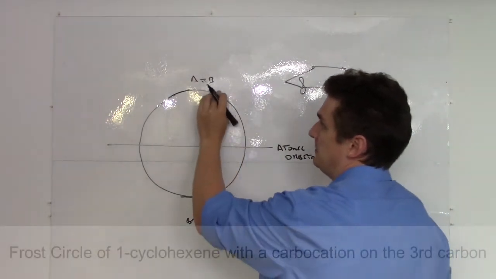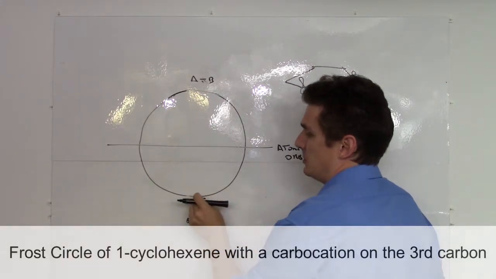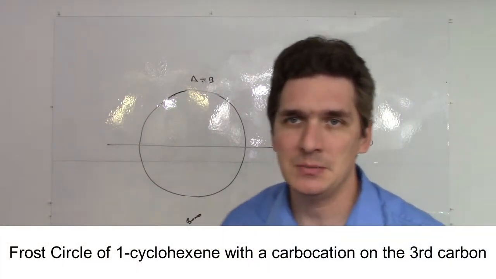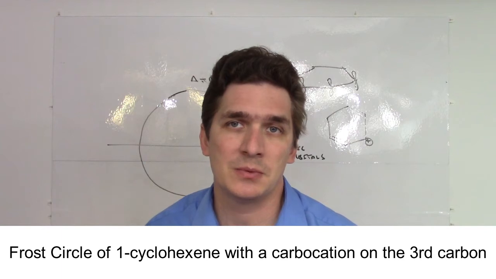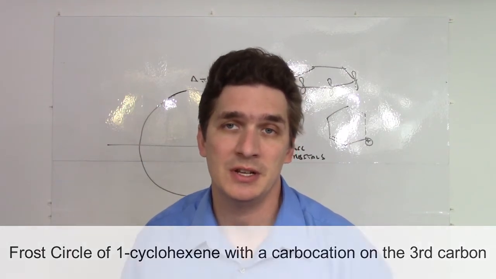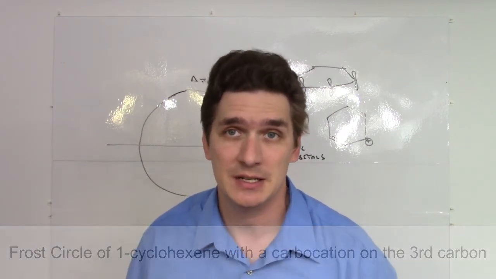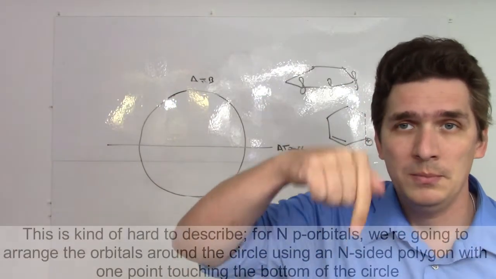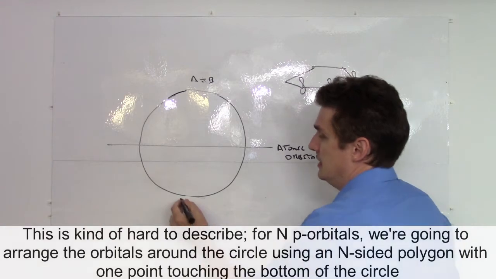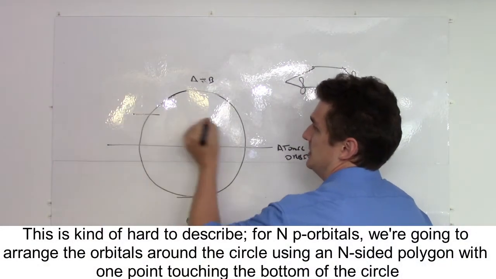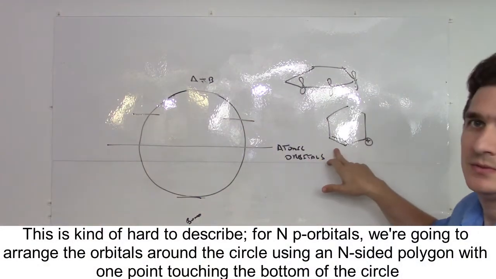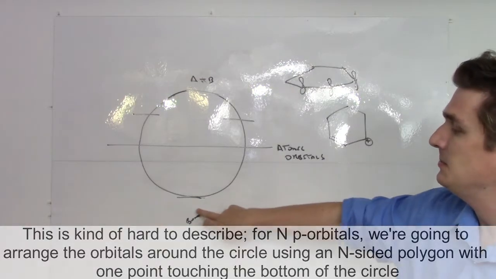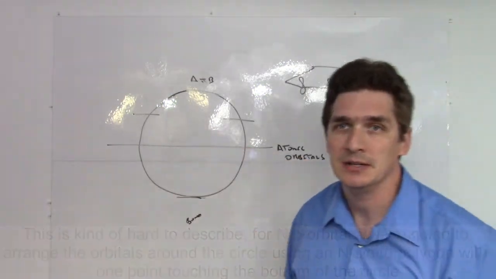Well, now we've got 3. And the way it's going to work is that we're going to draw, based on the number of p orbitals that we're using, the associated geometry of something with that many sides. So if we've got 3 p orbitals, we're going to draw a triangle, and we're going to put one point at the very bottom. So for something like this, where we have a double bond in this, we'd actually end up with one bonding orbital and 2 antibonding orbitals.